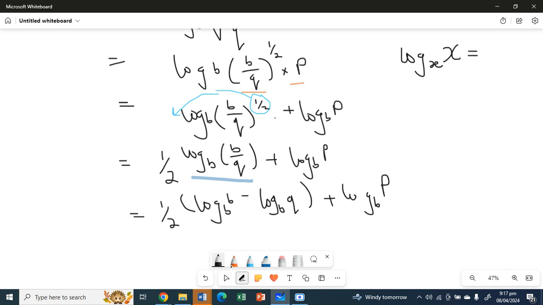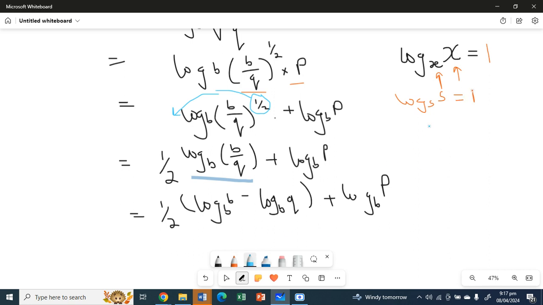Now, with logarithms, anytime you see the base is similar to the value, like here log_x x, you always get a 1. For example, log_5 5 equals 1. Why?